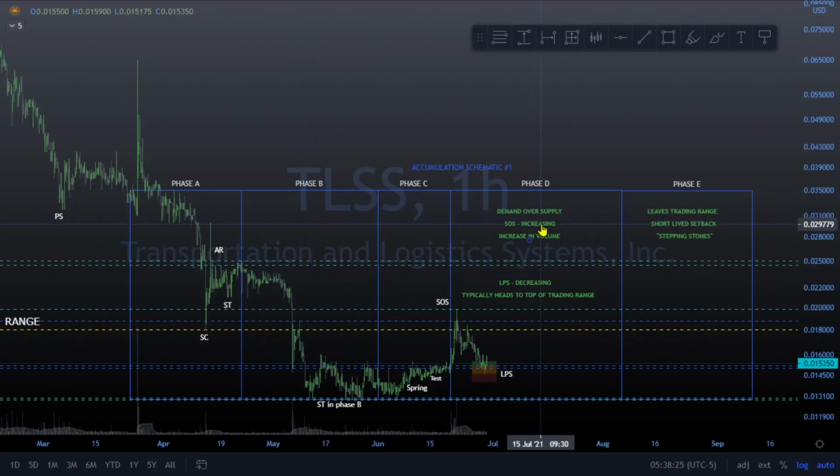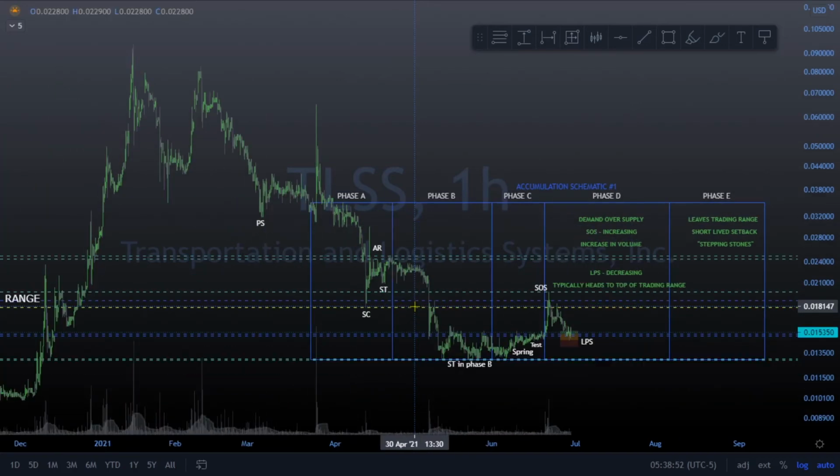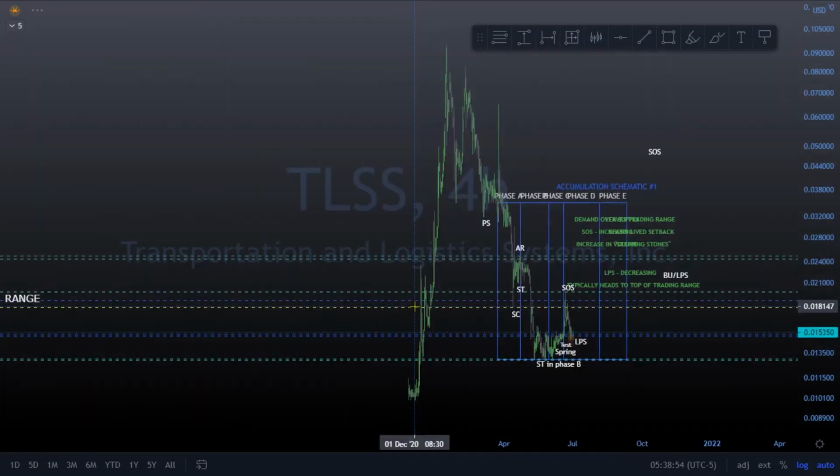We would be in phase D. Here are some quick notes about phase D, a few resistance levels that we've got in here. I would go over all that with going over the Wyckoff, and we can also reintroduce Elliott waves.